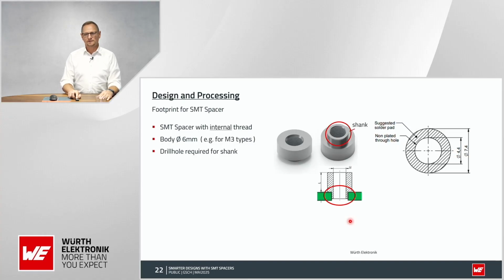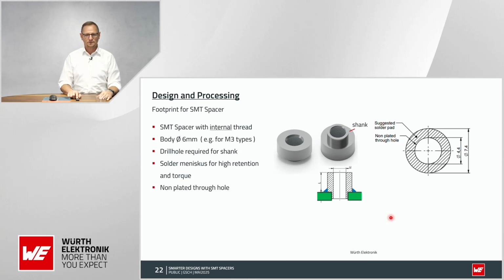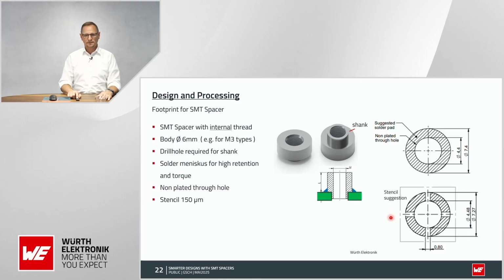So this shank, I mentioned it in the beginning, goes into the PCB while your PCB remains flat on the bottom. And here we receive all around, we receive high retention with the good meniscus all around. Therefore, the non-plated through hole is important, and I'm going to tell you why.